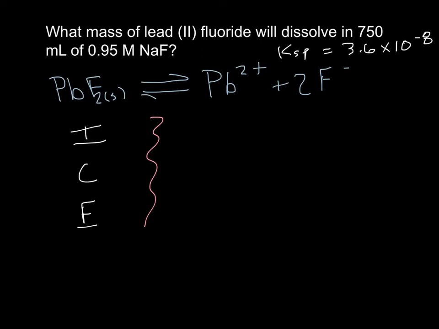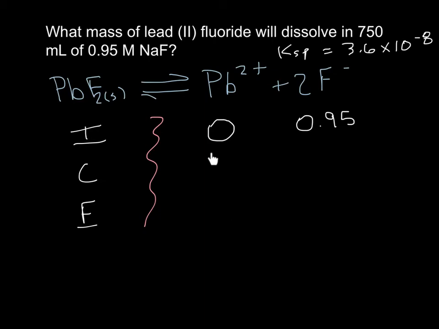I'm going to start by asking myself the same question. What is the concentration of lead-2 in sodium fluoride? Well, there is no lead-2 in sodium fluoride, so that's 0. And now, what is the concentration of fluoride in 0.95 molar sodium fluoride? Well, that's actually 0.95 molar, because for every mole of sodium fluoride that's dissolved, we'll get a mole of fluoride ions. Is this reaction at equilibrium?